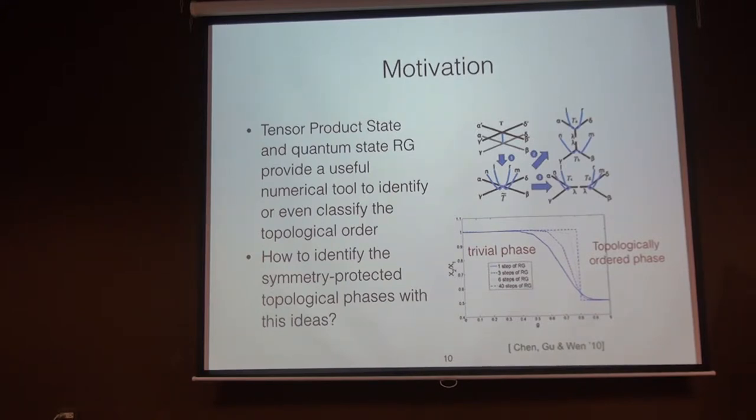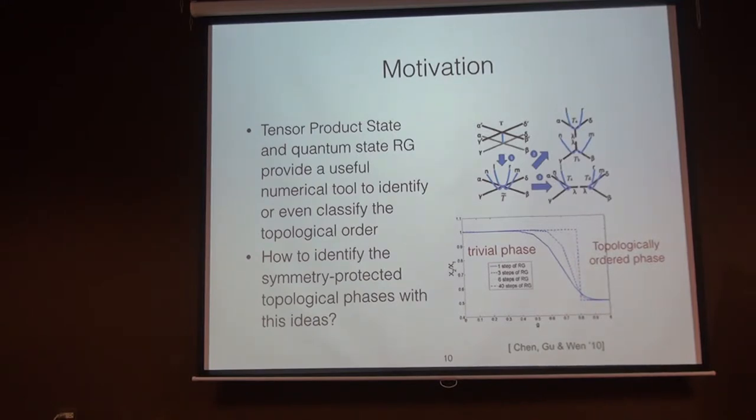Then we measure some environment quantity. Here, she measures the F2 divided by S1, just some number. And then we can see the phase transition from the trivial phase to the topological order phase.